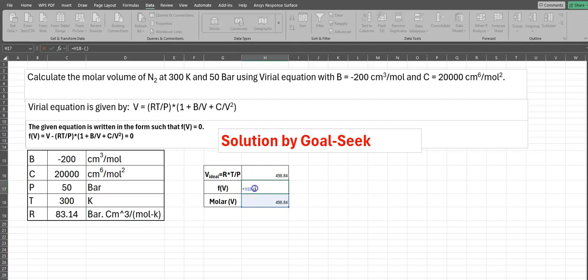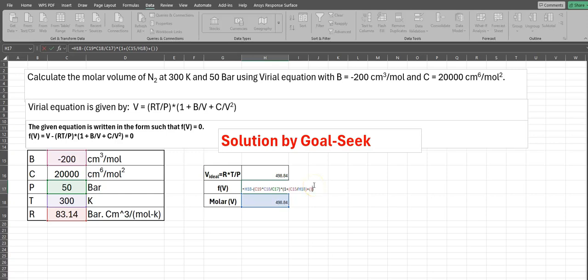So here RT means R into T by P, then bracket close, into, again first bracket, 1 plus, then B by V, then the next term, plus C by V square.